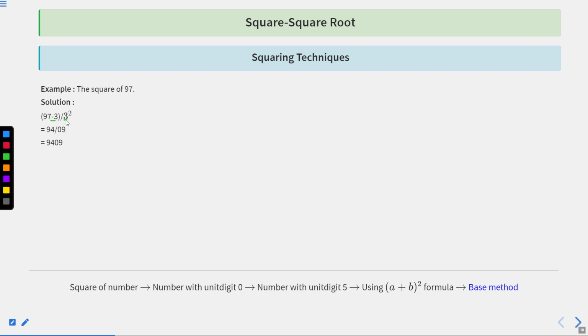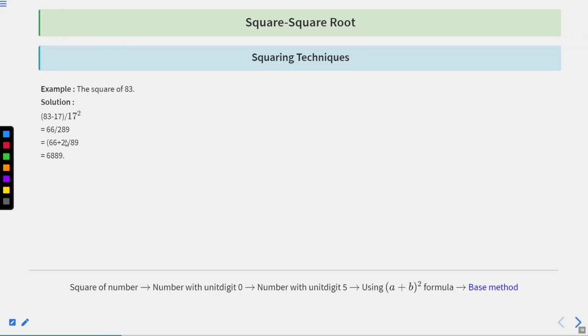And the next number is 3 square. So 97 minus 3 is 94, and 3 square is 09. Okay. Since 3 square is only 9, but we need 2 digits, we'll write 09. And if it's more than 2 digits, then we have to adjust in the left part. So it will be 9409. So the square of 97 will be 9409.